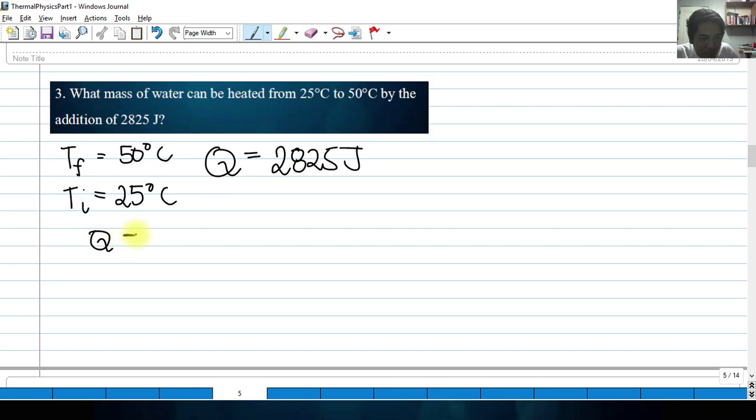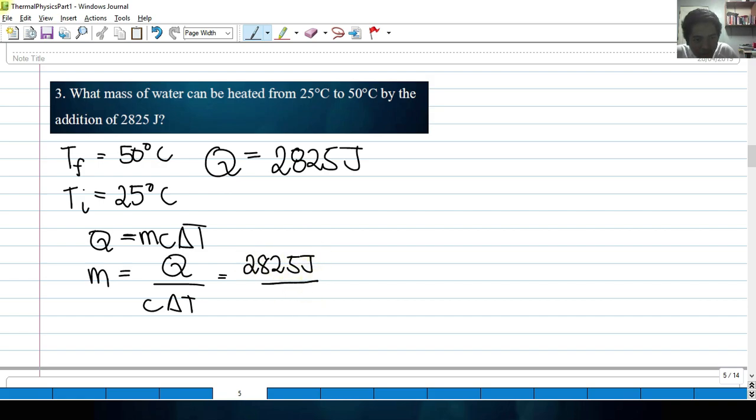So using our formula, Q is equal to mc delta T. We have Q, we have to get M, so we express M. That would be Q over C times delta T. So we have Q, that is 2825 joules, over the C of water. Let's use that in terms of grams: 4.186 joules per gram degrees Celsius multiplied by the delta T, which is 50 degrees Celsius minus 25 degrees Celsius.